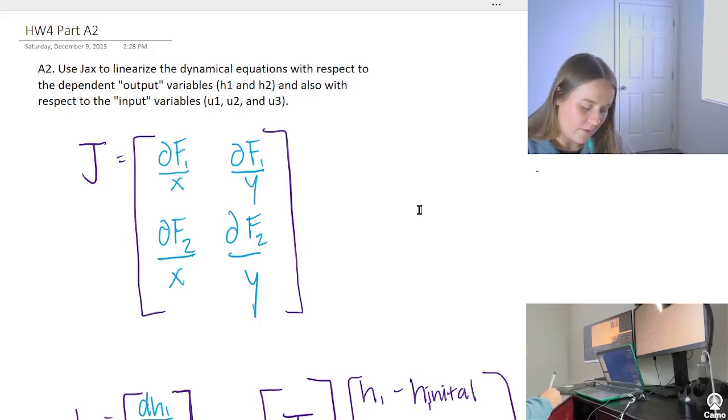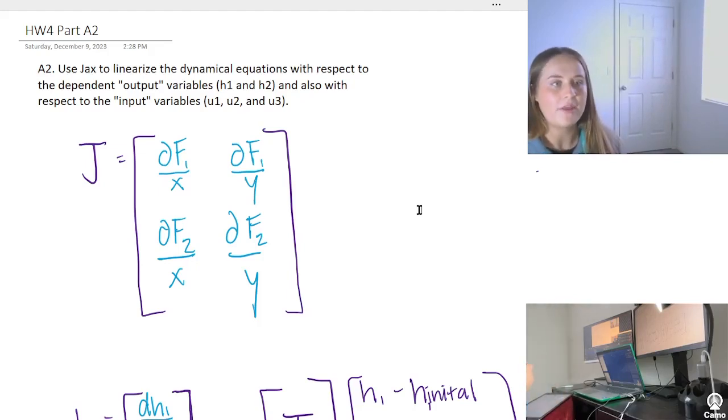And this will be the same thing. We'll have U1 minus U1 initial, U2 minus U2 initial, and U3 minus U3 initial. So we will use these Jacobian functions with our current code to find the relationship between the output and input variables, to linearize them.